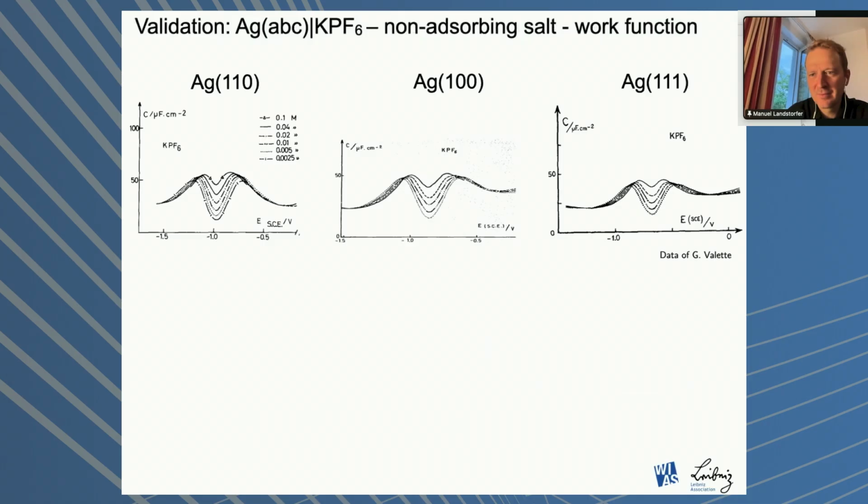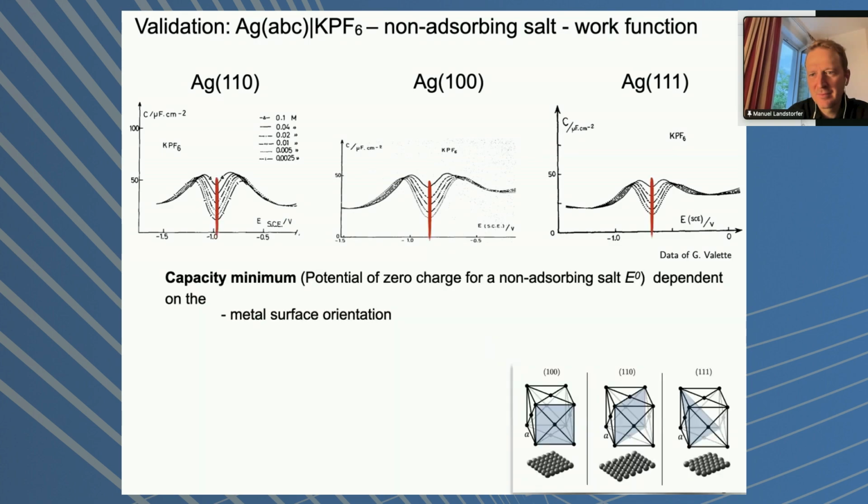And also for differential capacitances, this is well known in the sense that the value at which the capacity minimum arises changes with respect to the metal surface orientation. So for silver 111, you would have a different value at which the capacity has its minimum compared to silver 110, for instance.